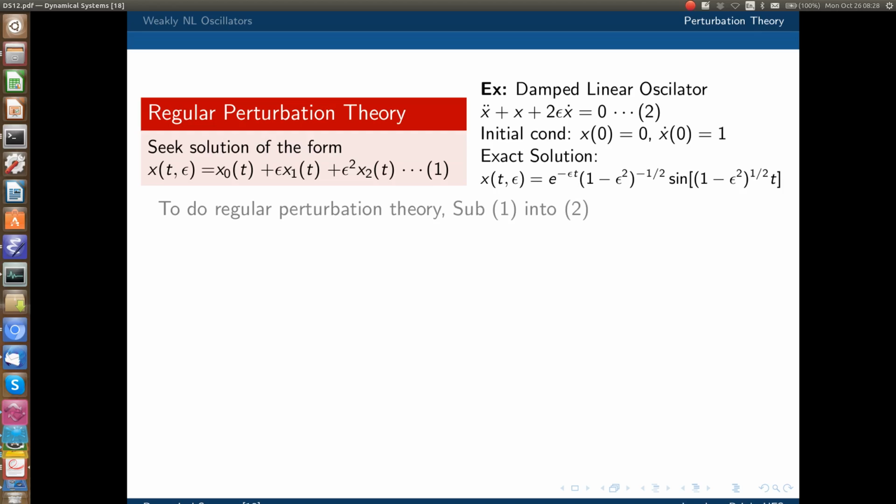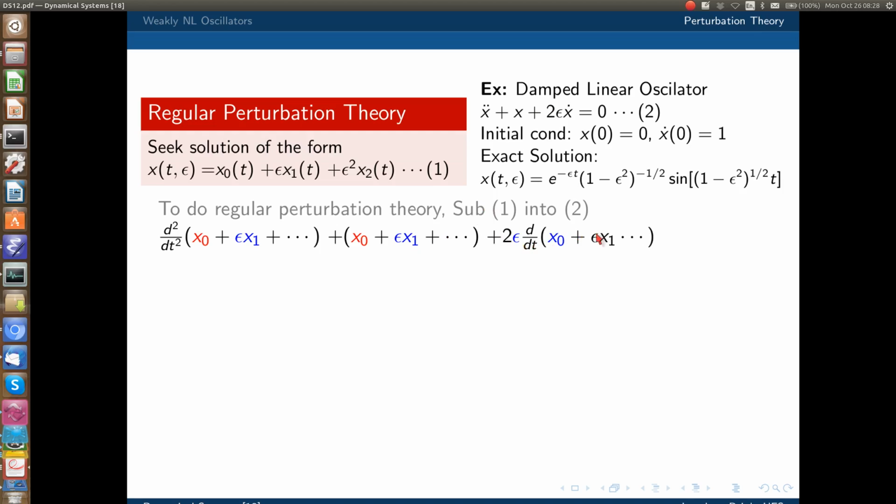Okay, so you substitute equation 1 into equation 2, and what you get is this. It's basically d dt squared, so that's equation 2, times the solution you've assumed. The next term is just the x term, so it's just the solution you've assumed. And the final term is 2 times epsilon times d dt of the solution you've plugged in.